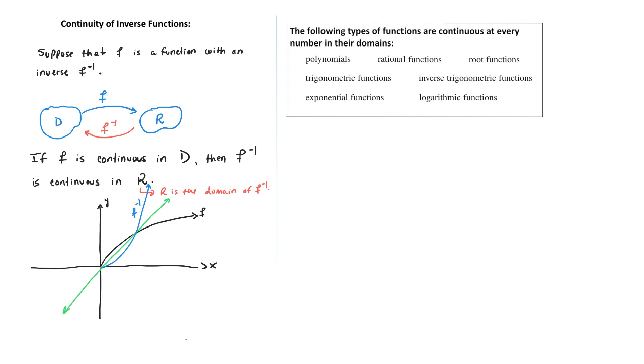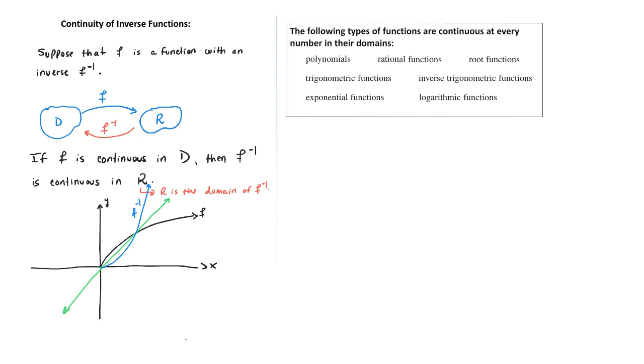So a reflection means that if you started with a continuous function, continuous means that there are no holes, there are no jumps, there is no infinite discontinuity. If you start with a clean, beautiful connected graph, when you reflect, you don't ruin that beautiful connection.